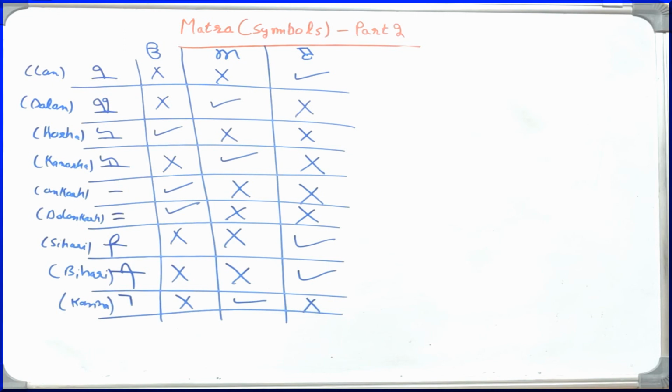So 9 different videos we are going to make where we will attach the matras one by one to all the Gurmukhi letters and we will see how their sounds are changing. Also, we will have the exercises where we will write the words using these matras. This is all for today and this is all for the matras that we have in Gurmukhi.